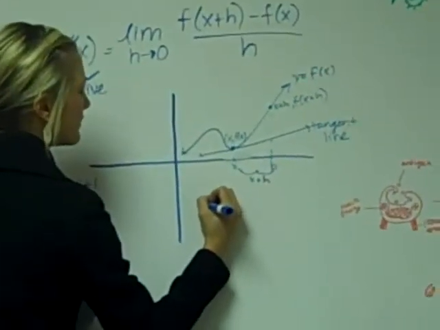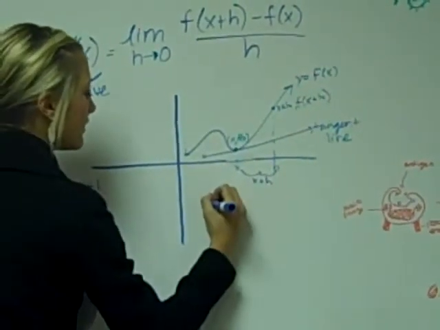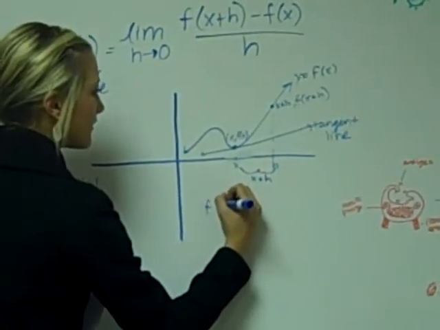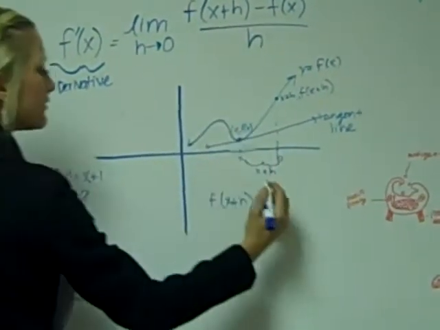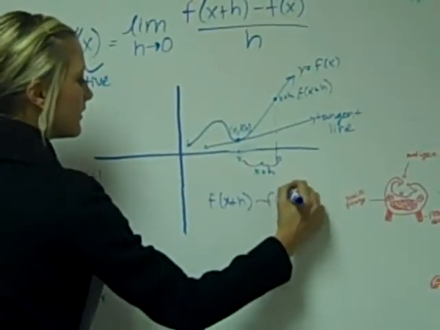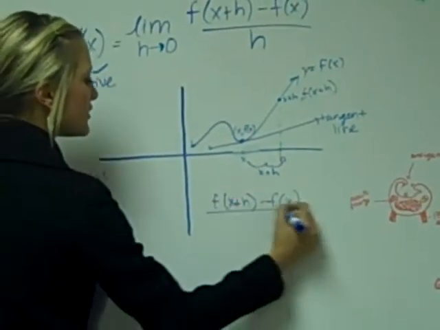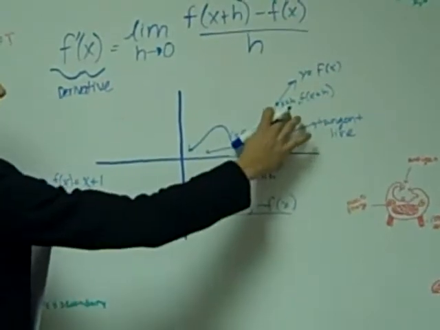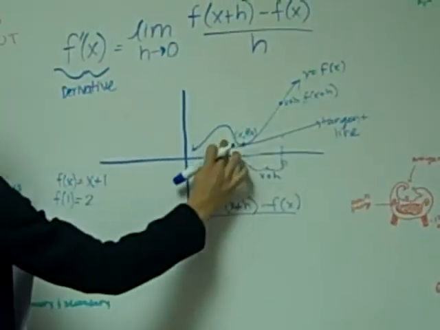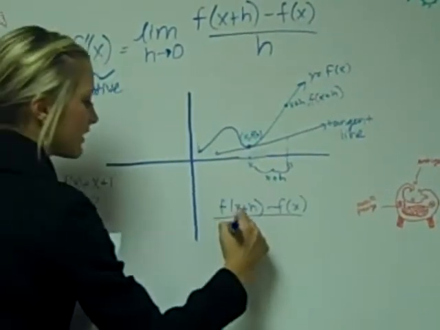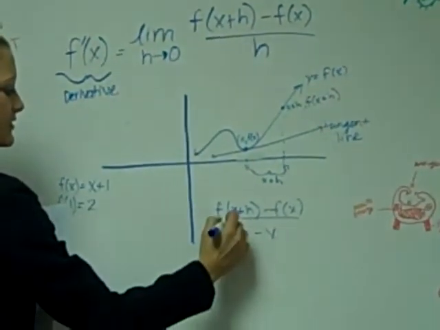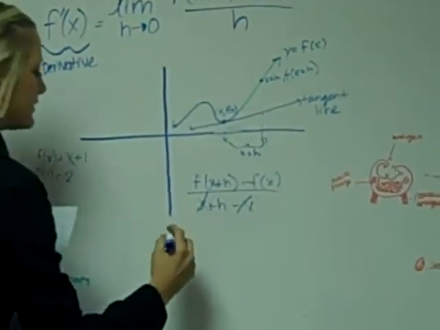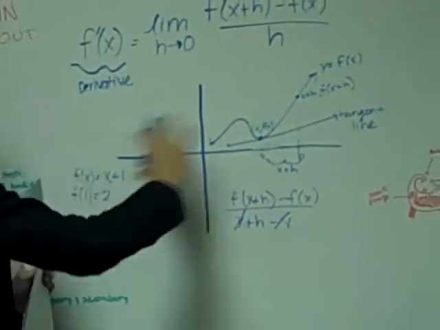So you have the change in the y, f of x plus h, minus this y, y1, all over the changes in the x's, which is just x plus h minus x, which is eventually going to cancel out your x, which simply just leaves h on the bottom. So that's how you calculate the derivative.